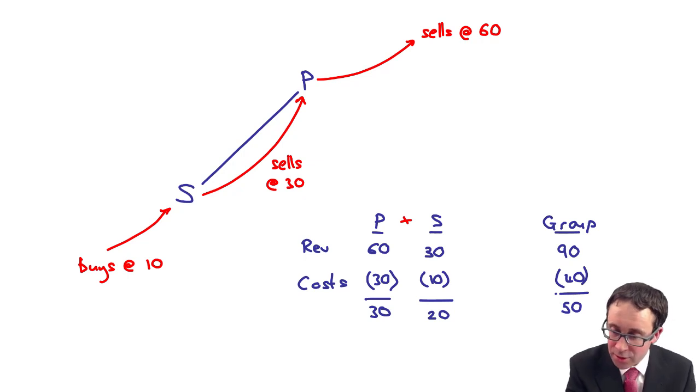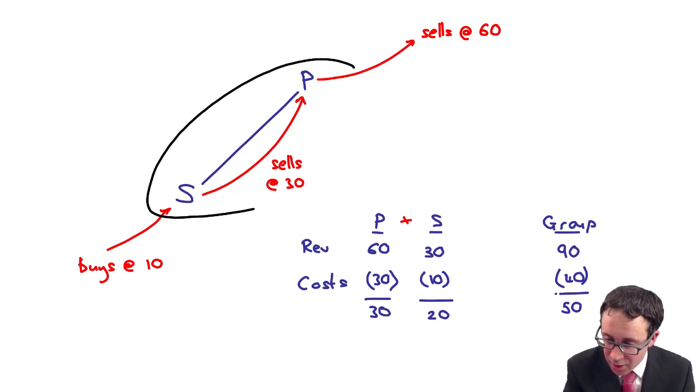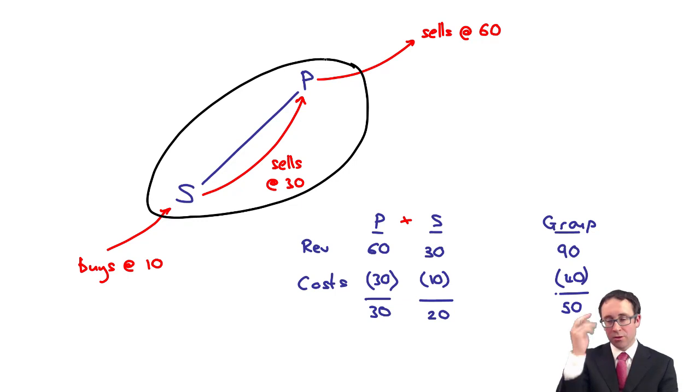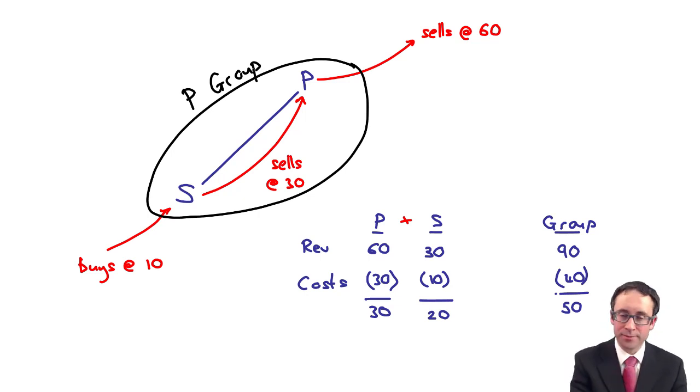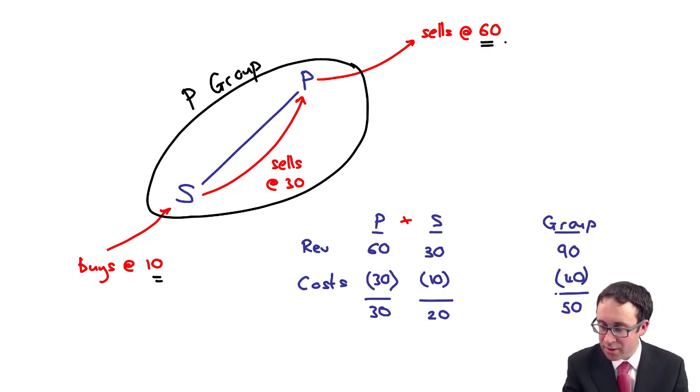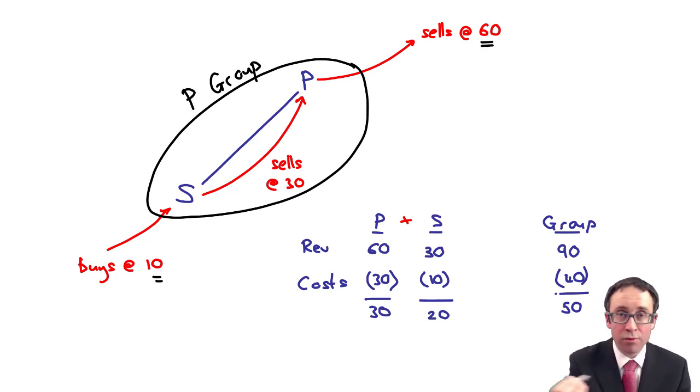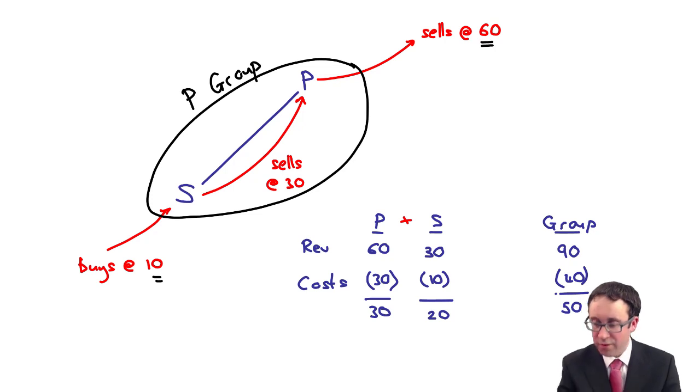Now if we go back to the single entity concept, the group has bought it for 10 and sold it for 60, so there's a profit in the group of 50. So we're happy with that, aren't we?